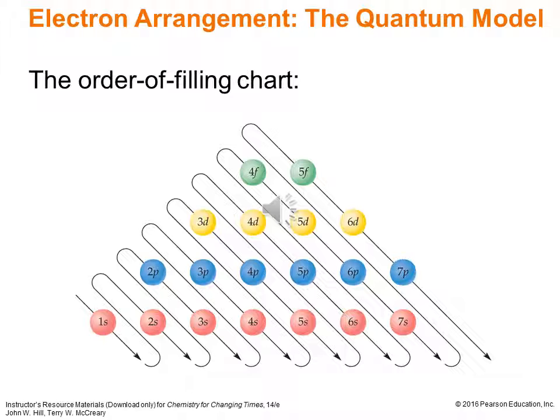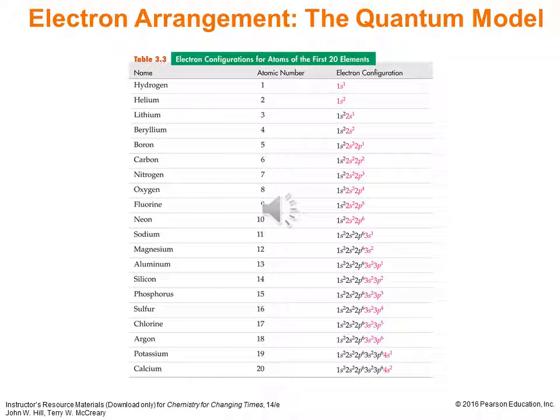So things get complicated when we get those d and f sublevels, and we'll notice on the periodic table the d and the f sublevels have special locations in the table because of that peculiarity of filling order. And we see here the electron configurations for the ground state of the atoms of the first 20 elements. So nothing unusual.